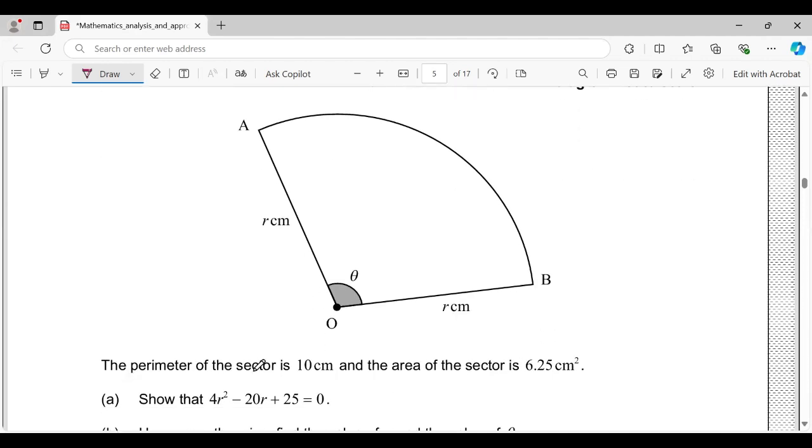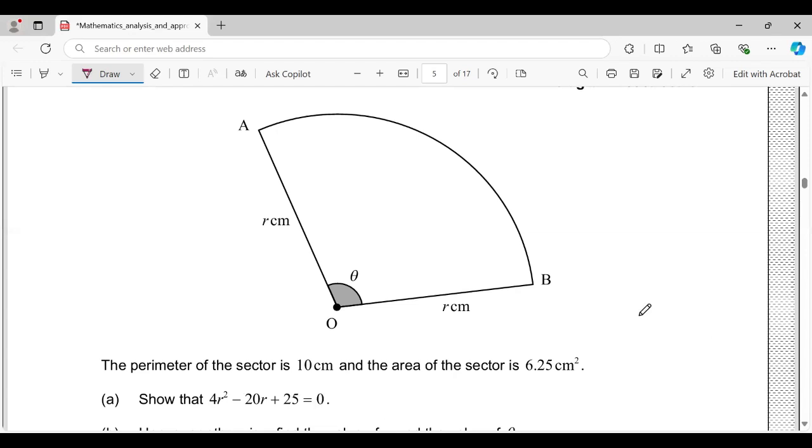The perimeter of the sector is 10 centimeters, and the area of the sector is 6.25 centimeters squared. So the perimeter AO plus OB plus AB is 10 centimeters, and this area is 6.25 centimeters squared. Show that 4r squared minus 20r plus 25 equals 0.